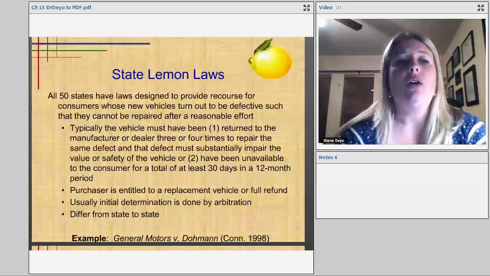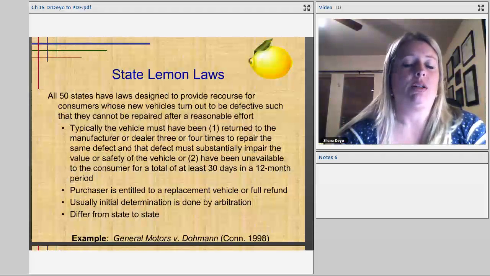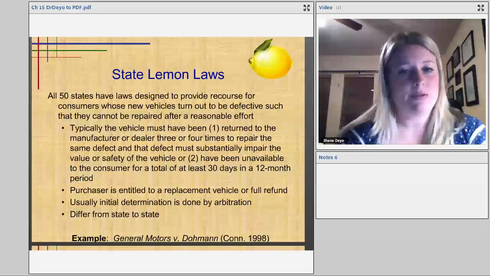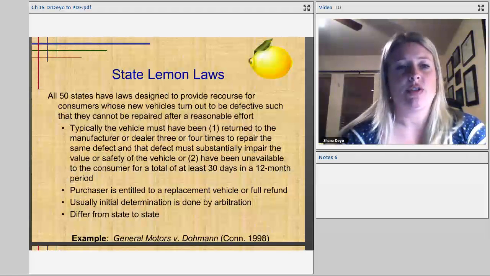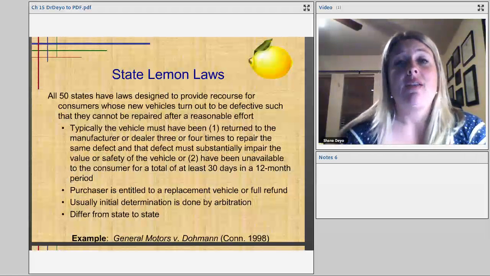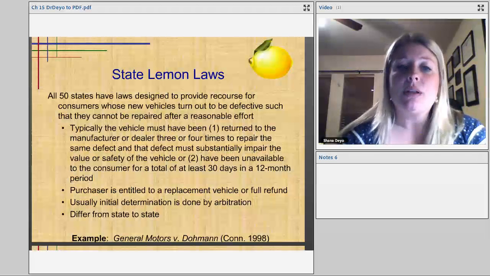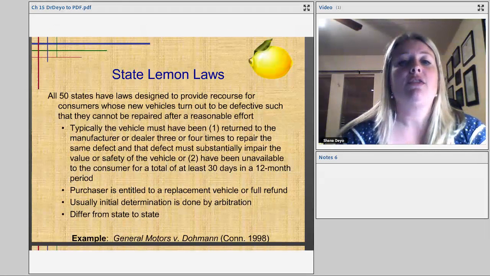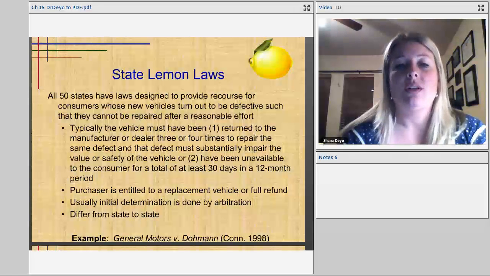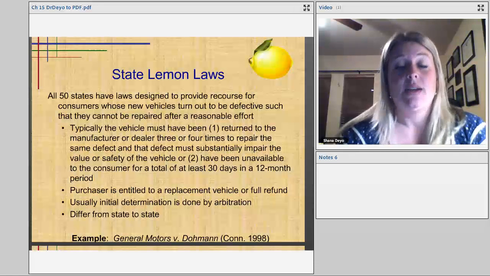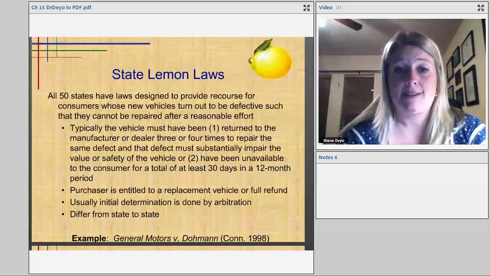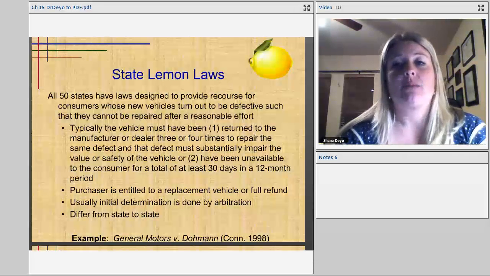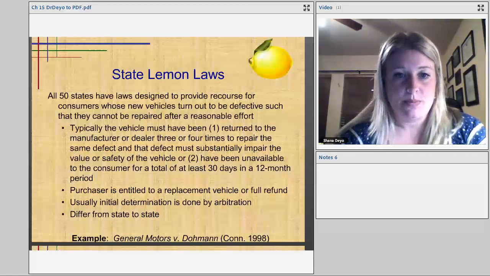So all 50 states have some form of lemon law. And basically the first bullet there is what the major provisions are. They may all have a little bit of difference, but it's going to look something like this. Typically, the vehicle must have been returned to the manufacturer or the dealer 3 to 4 times to repair the same defect, and that defect must substantially impair the value or safety of the vehicle.